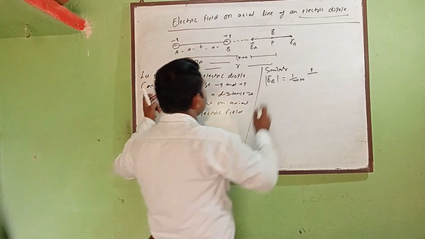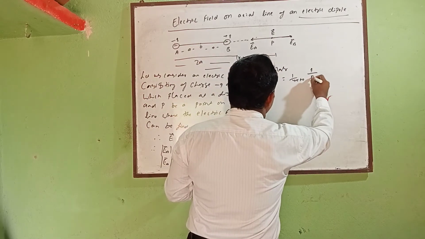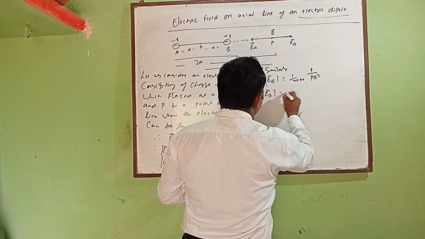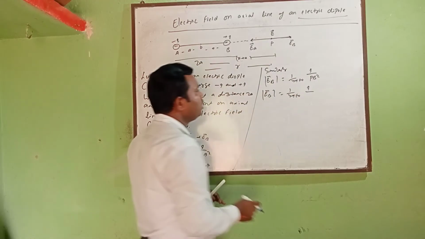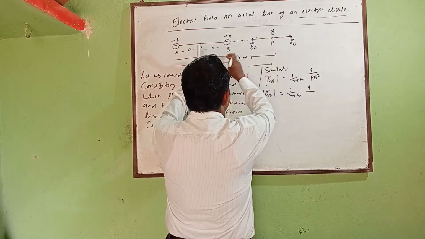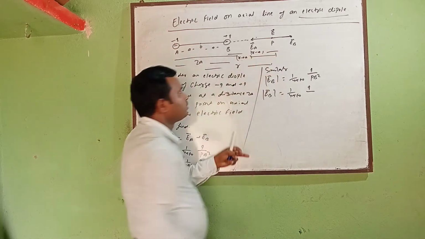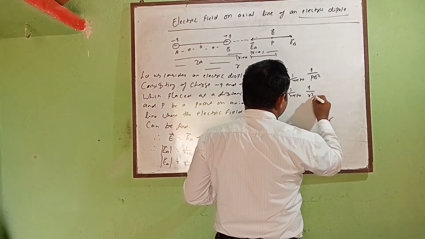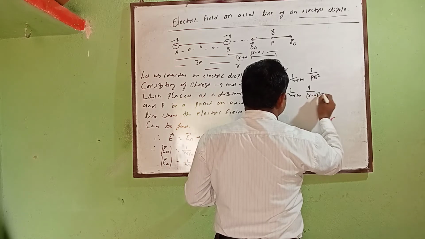Which point's distance will you take? PB. Is it clear? PB square. Or you can write EB equal to 1 by 4 pi epsilon naught Q by, what is the value of PB? Total here is R and this is A, so here will be R minus A. Can we write here? This will be R minus A. Okay, so put the value: R minus A, and then whole square.